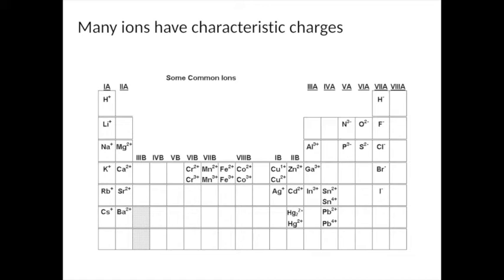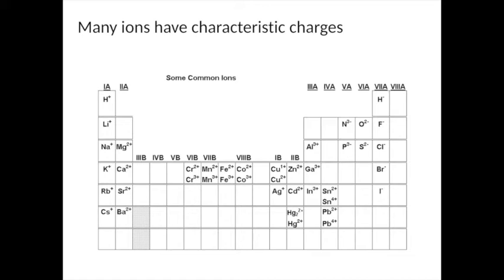Everybody in group 2A forms a +2 charge. Now skip over all the B's and go to 3A. Everybody in 3A forms a +3 charge. Now group 4, we don't use a whole lot of ions in group 4. Most of them are used in covalent compounds except for tin and lead, but they have multiple charges. We will talk about that here in a little bit.